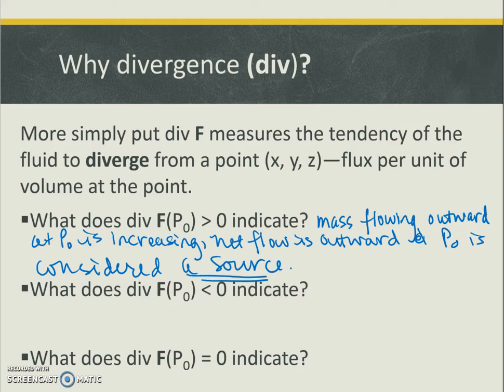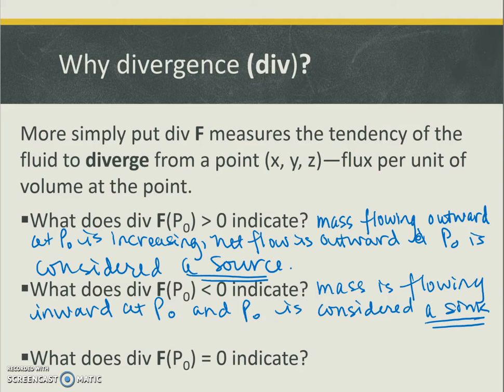Now, we could also have it be the case that the divergence of my vector field at P naught is negative. And so what does that mean? Well, instead of our mass flowing outward, our mass is flowing inward. And so our point, rather than being a source, is a sink. So let me go ahead and get that down for you. So if the divergence of my vector field at a point is positive, we know it's a source. If it's negative, we know that it's a sink.